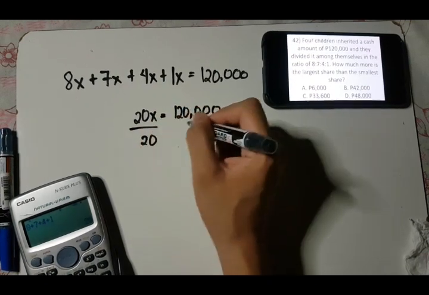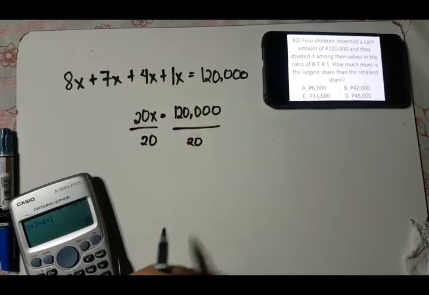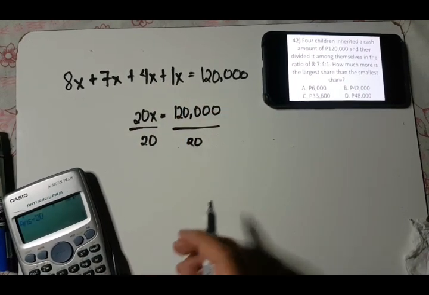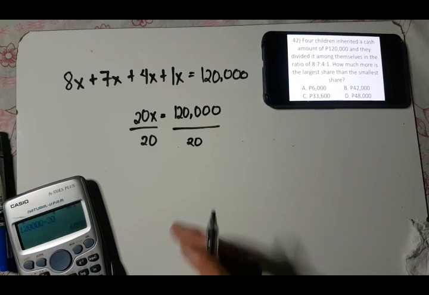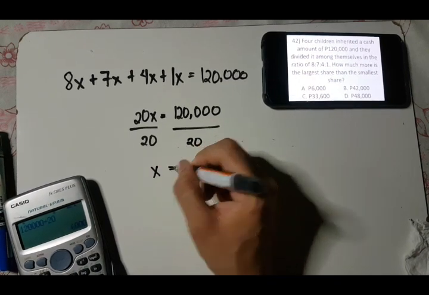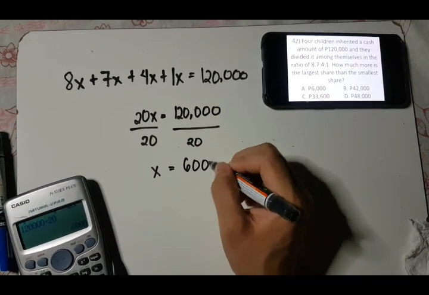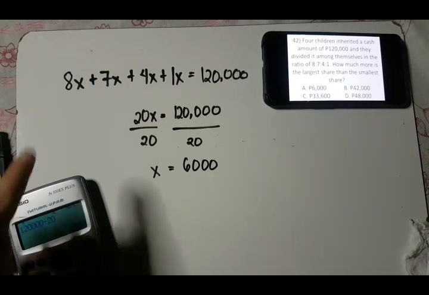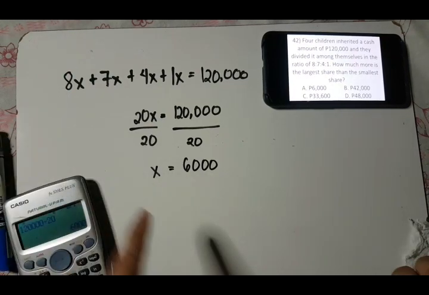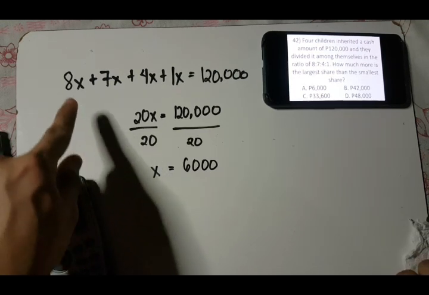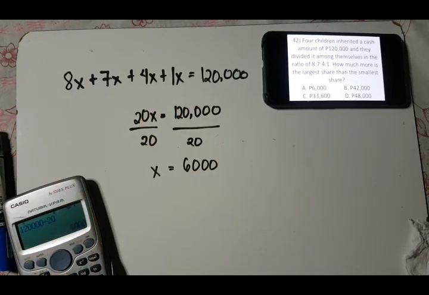Divide both sides by 20. So, 120,000 divided by 20. That is 6,000. So, ang value ng x natin is 6,000. So, para makuha natin yung amount na makukuha ng bawat magkakapatid, isa-substitute lang natin yung x dito sa bawat terms.